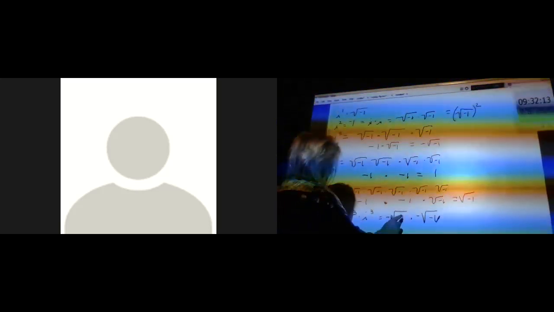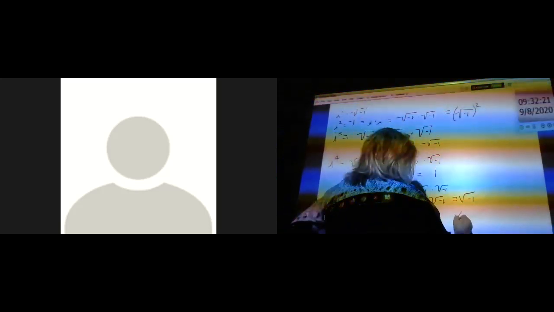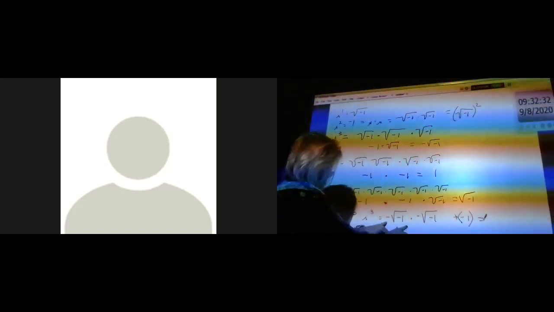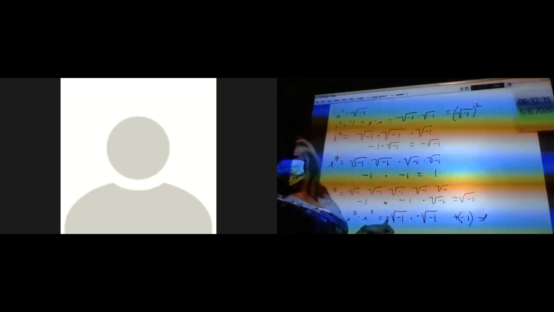And that would be a negative 1. And then you've got 2 negatives on the outside, so this will be positive, negative 1.